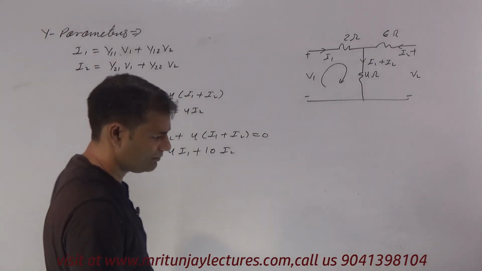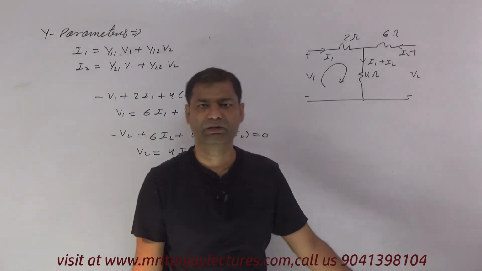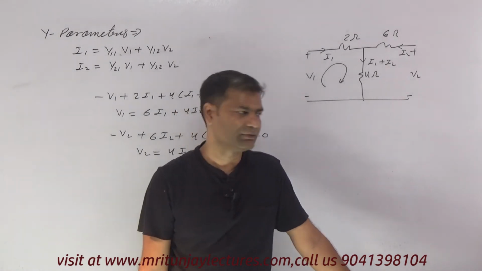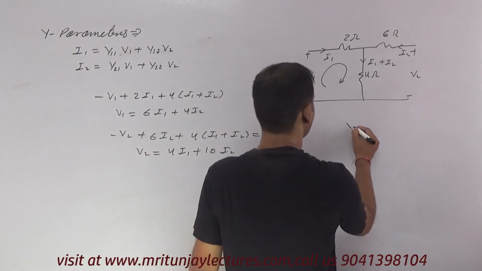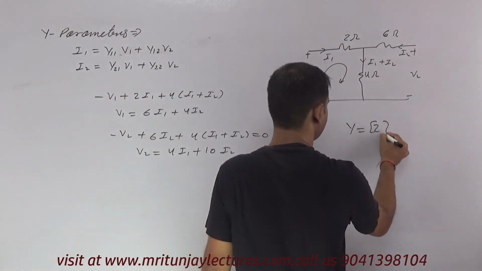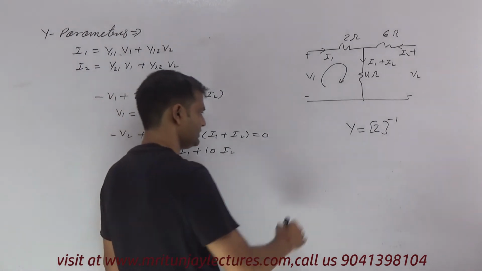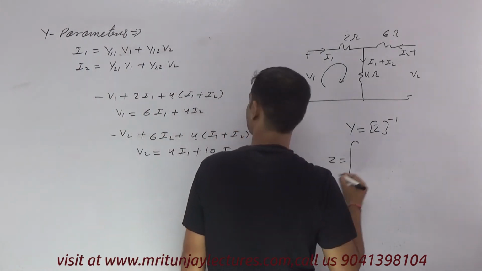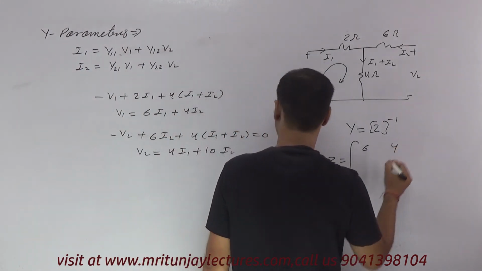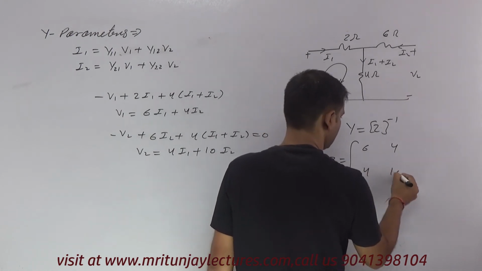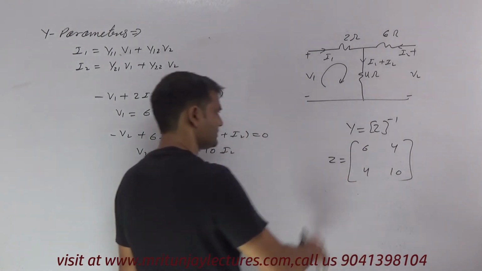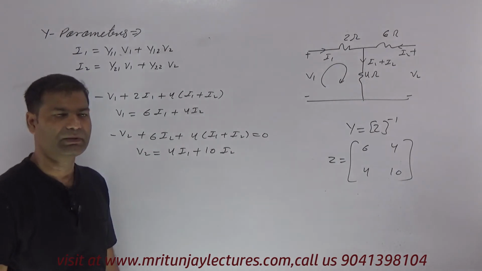Finally we got the Z parameters. I know that Y is equal to Z inverse. So this one is the Z parameter: 6, 4, 4, 10. The inverse of Z gives the Y parameter.